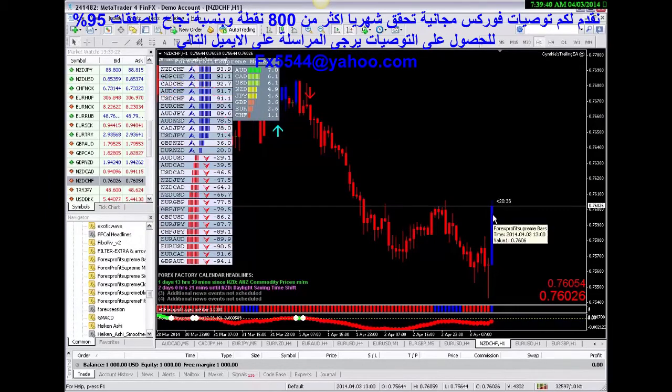So you can see this long candle. And here the Forex calendar headlines give you the upcoming news events. So for some reason this pair's moved. It might have had some news in the last hour, but it doesn't show up here anymore.